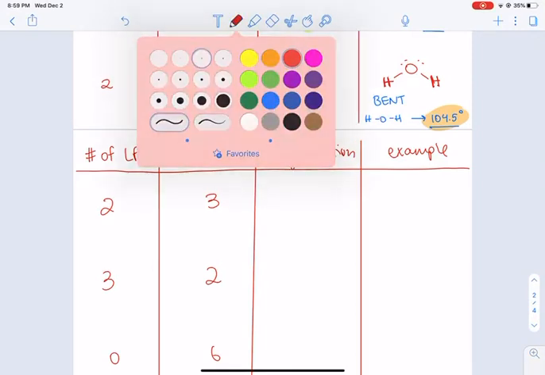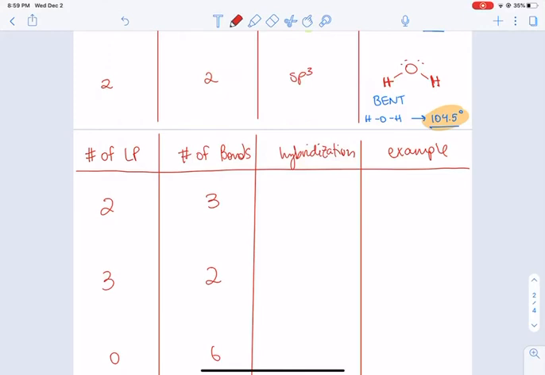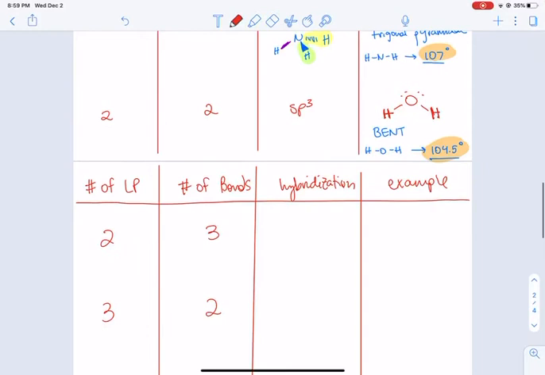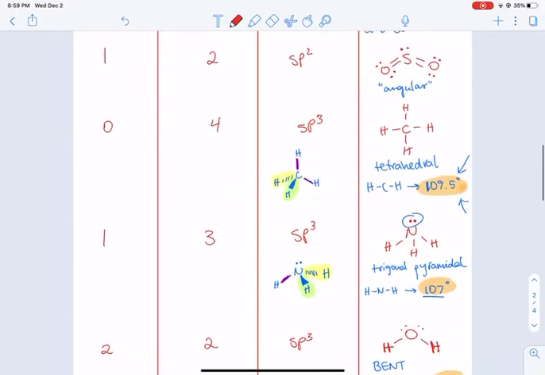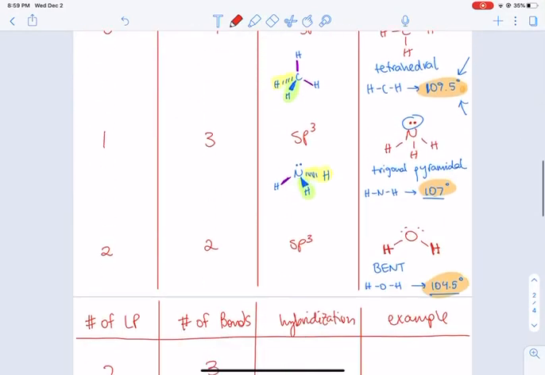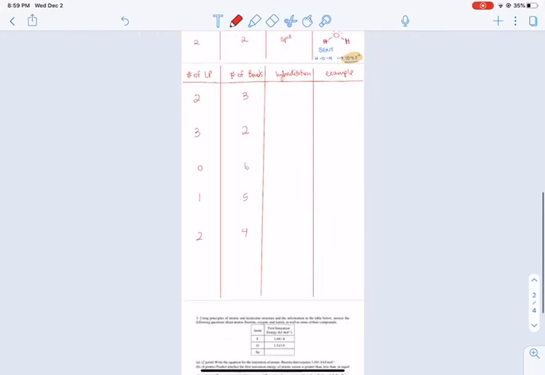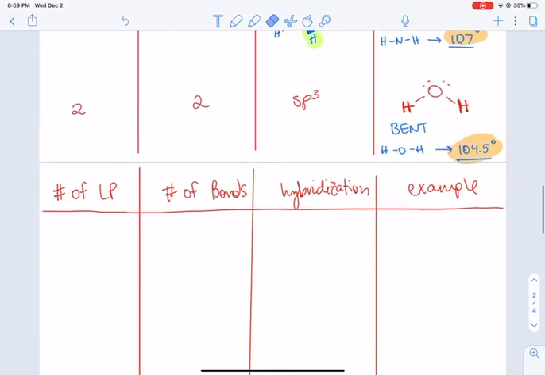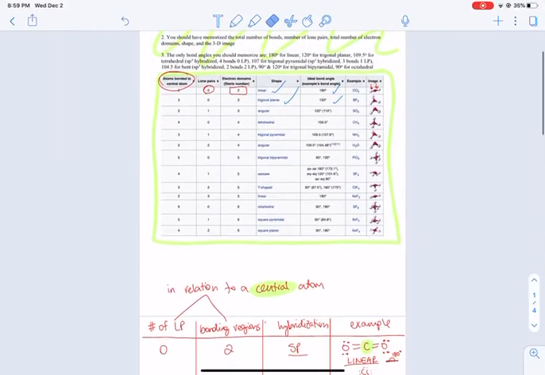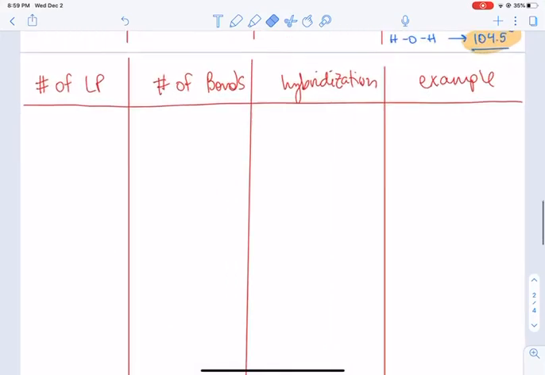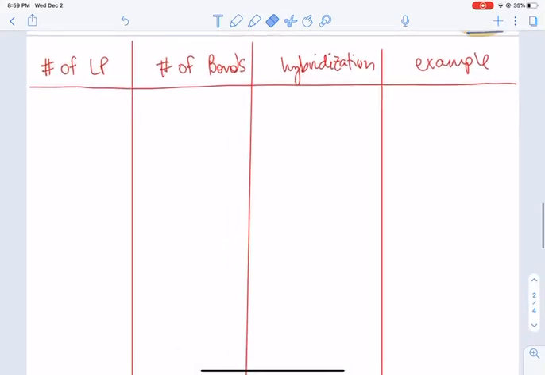The next type of molecular geometry we're going to be dealing with is, oh gosh, two lone pairs, three bonds. Is that true? Oh, I erased stuff. Let's erase these as well. Okay, the next ones we're going to be dealing with are the ones that are most often tested.